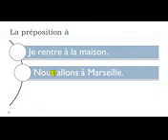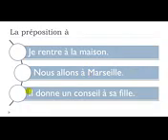Second thing, nous allons, aller is to go, à Marseille. Nous allons à Marseille. Okay, so we go to, so in that case you should use this preposition à. Alright?